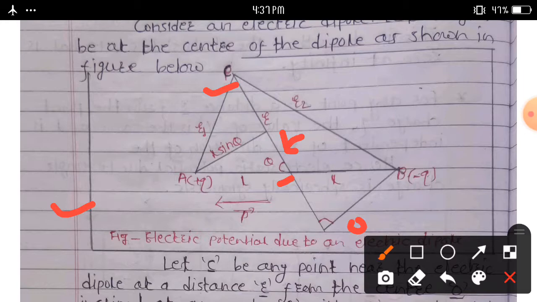Let r1 and r2 be the distances of point C from charges plus q and minus q respectively.